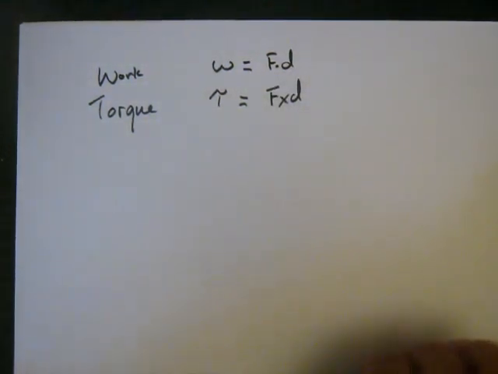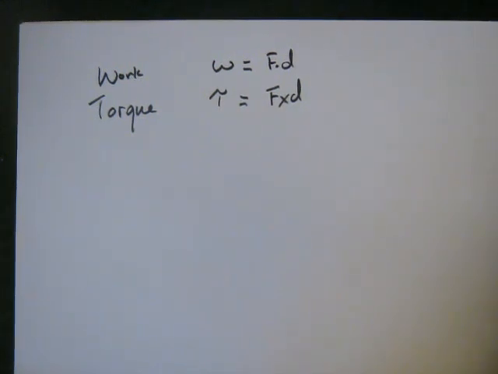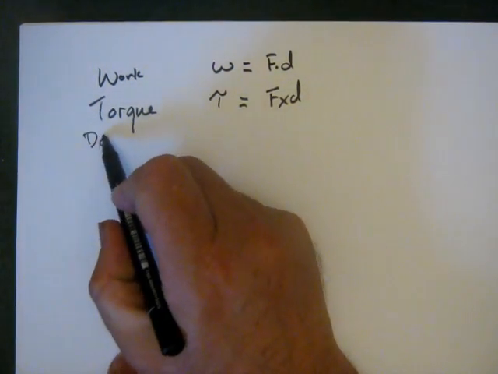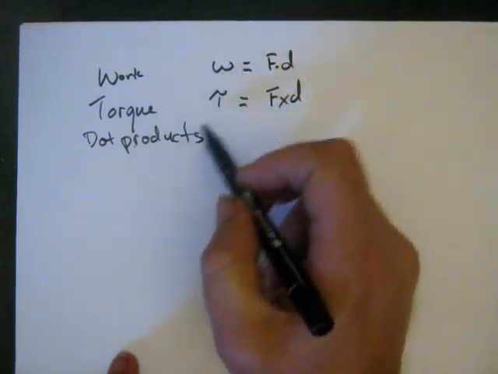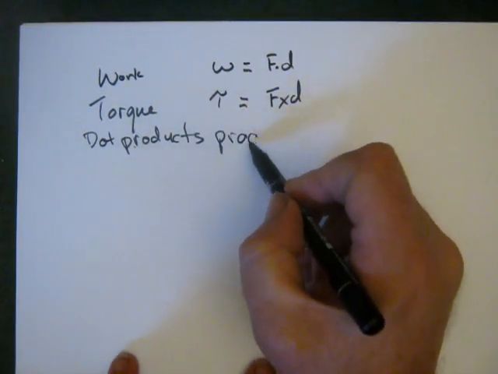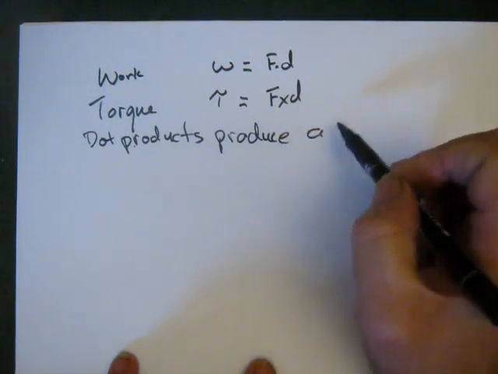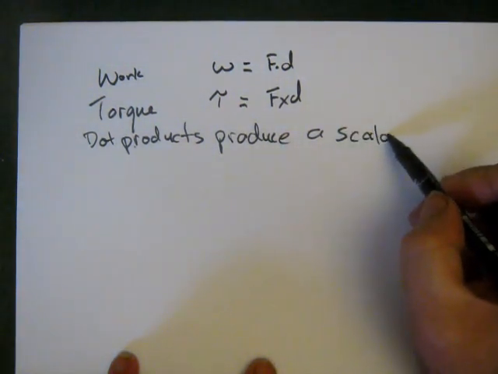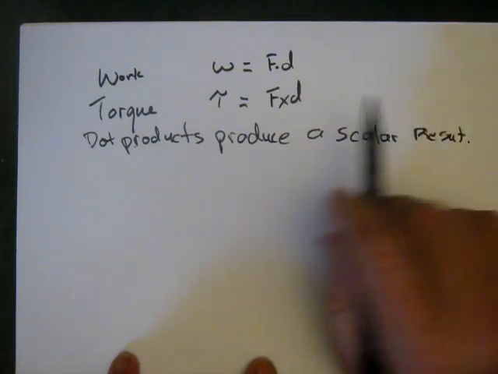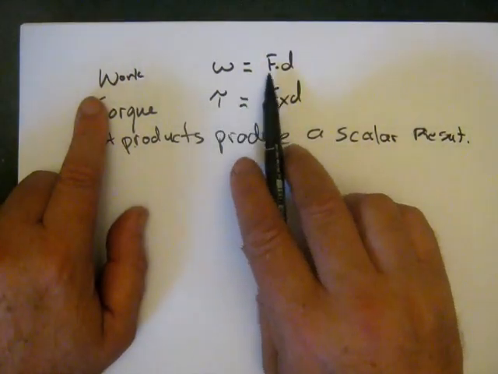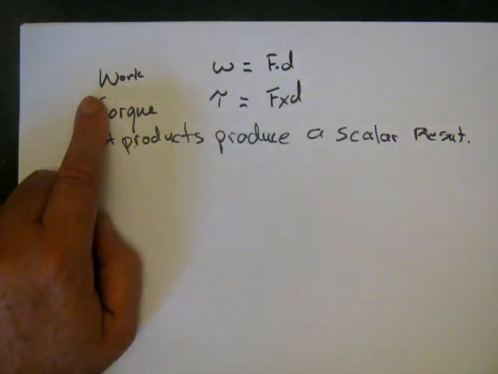Now, what this means is that the dot product produces a scalar result. So if we take that example up there, which I was talking about before, work is equal to force dot distance.